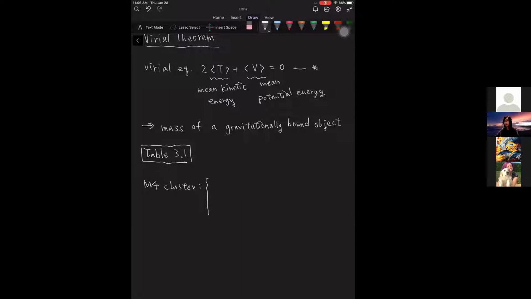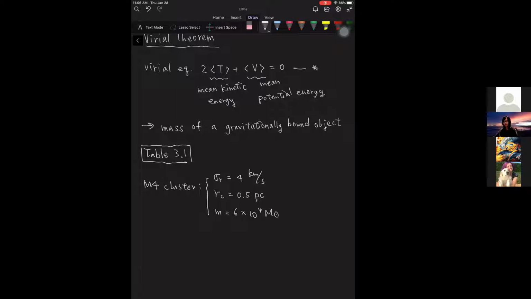Based on the data, we measure the radial velocity dispersion, which is 4 kilometers per second, the core radius is 0.5 parsec, and the mass is 6 times 10 to the 4 solar masses.